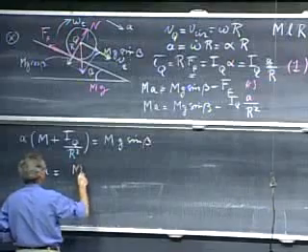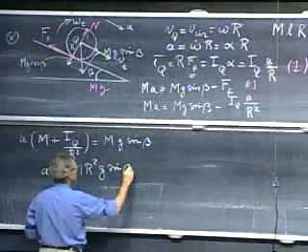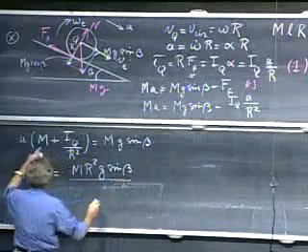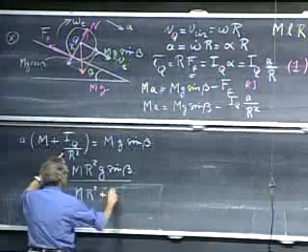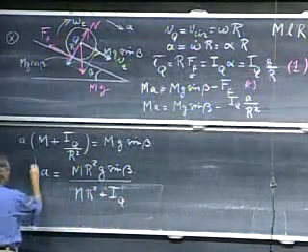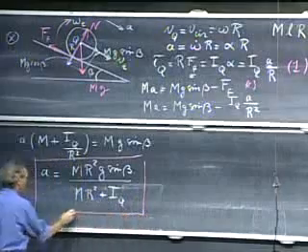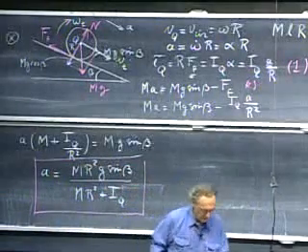I'll multiply both sides by r squared. I get m r squared g sine beta upstairs, and downstairs I get m r squared plus the moment of inertia about that point Q. And this is my result, and all I have to put in now is the moment of inertia of rotation about that axis.